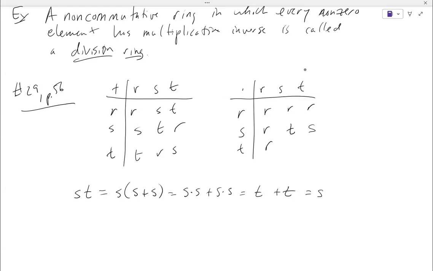To go the other way around, I don't necessarily know that this is commutative, right? And I don't know what T times much of anything is. So I could do the same trick on the other side. But we know that for rings, I have to be able to distribute both ways, right? So I still get S times S plus S times S. When we do the distribution, I'm just doing it from the right side.